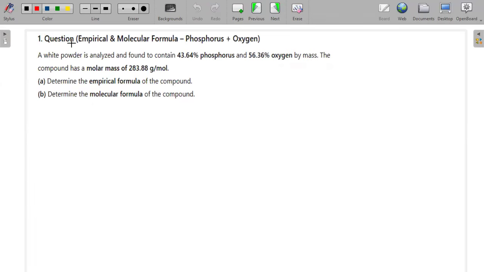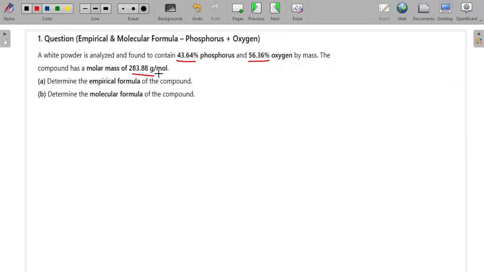So here they're saying a white powder is analyzed and found to contain 43.64% phosphorus and 56.36% oxygen by mass. The compound has a molar mass of 283.88 grams per mole.